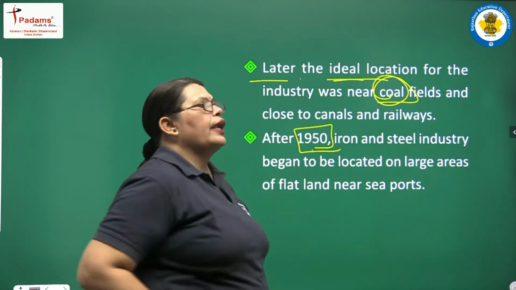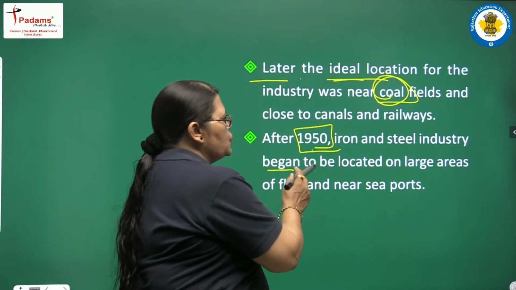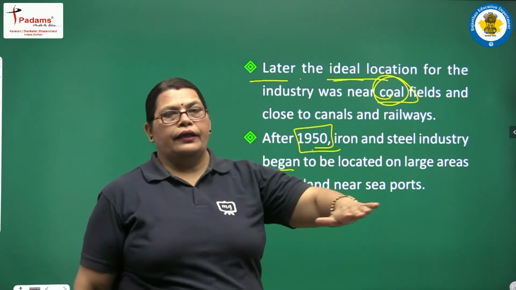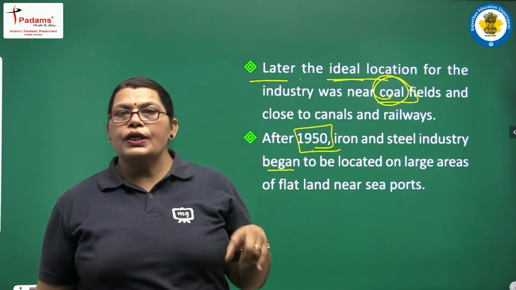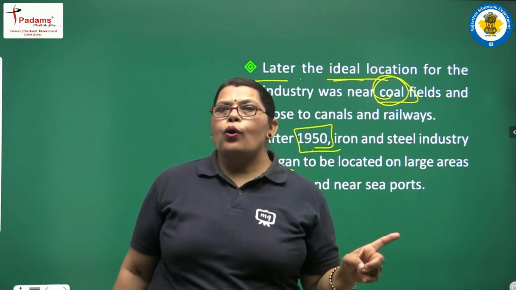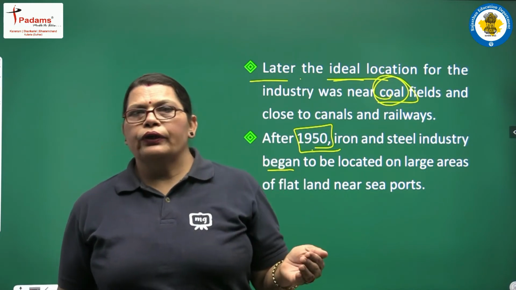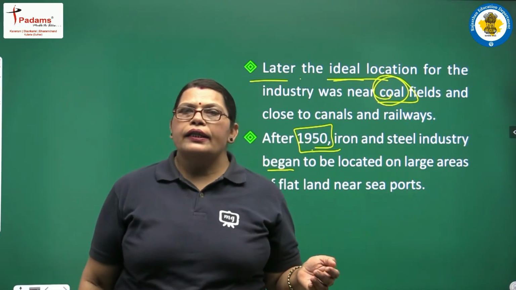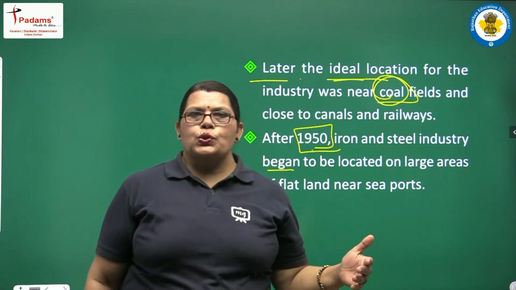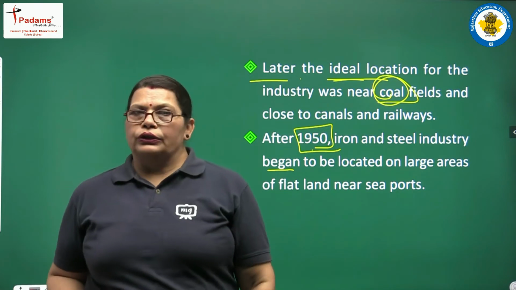Yes, after 1950, iron and steel industries began to be located on large areas of flat land and near seaports. It's okay, flat lands are there, but all these lands are near seaports. So, transportation facilities are there and it is easy to take items from one place to another. So, these are the ideal locations.